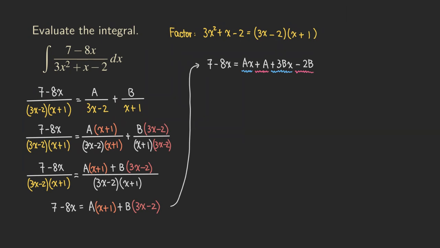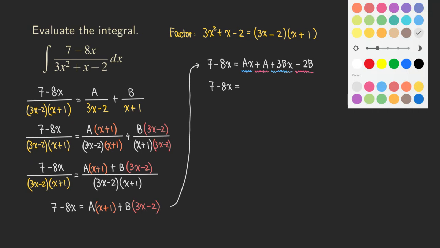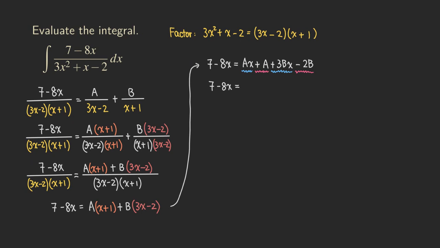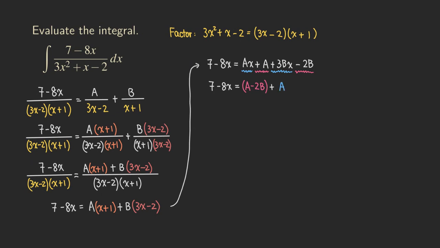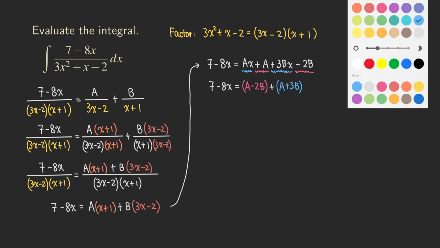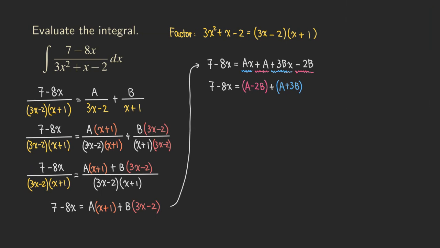We can combine the like terms, which will give us the a minus 2b. So that's actually our constant terms put together. And then plus, the x terms, which will give us a plus 3b. And then yeah, so there was the x.